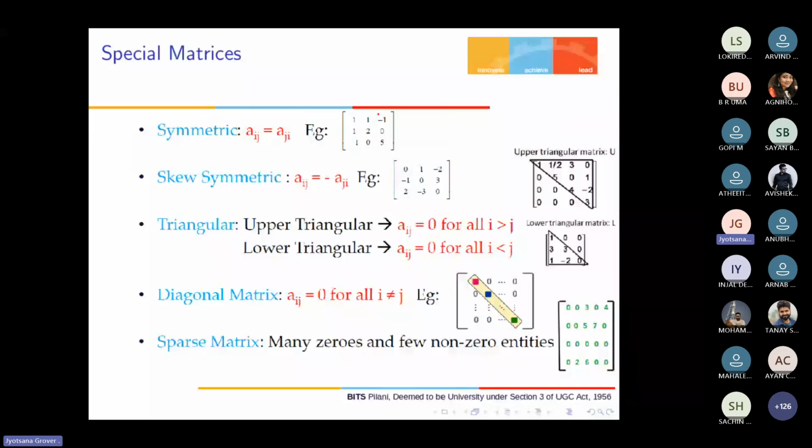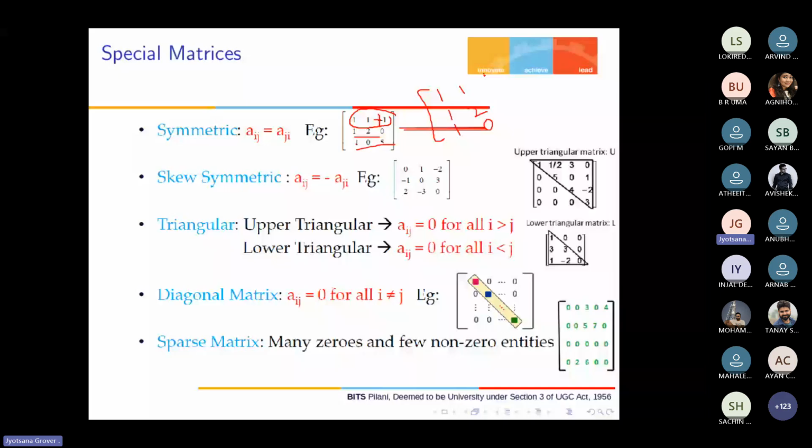Now you can just take the transpose. This is +1. If you take the transpose, the first row becomes the first column. Then the second row will become the second column, 1, 2, 0. The third row becomes the third column, which is 1, 0, and 5.